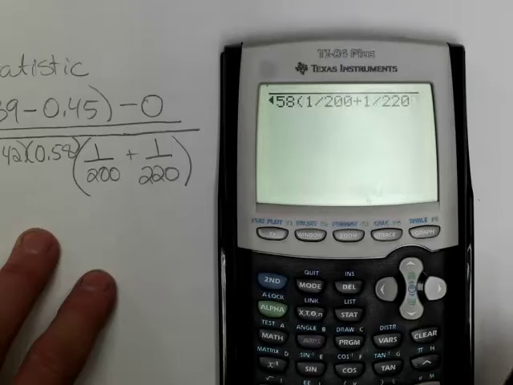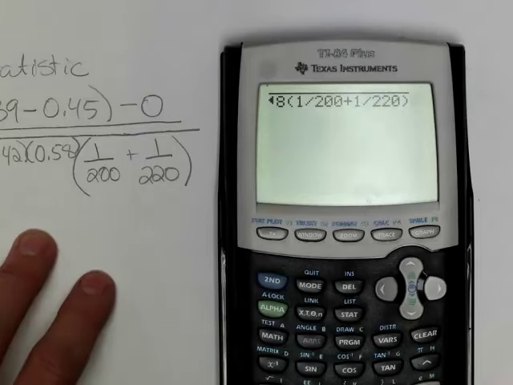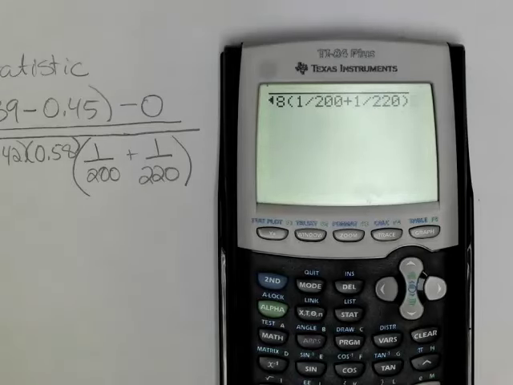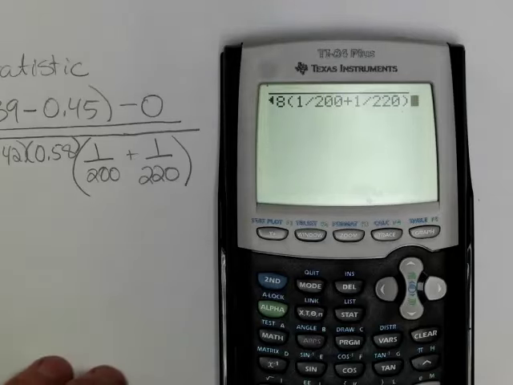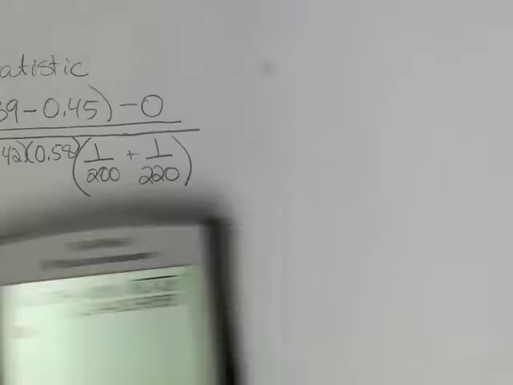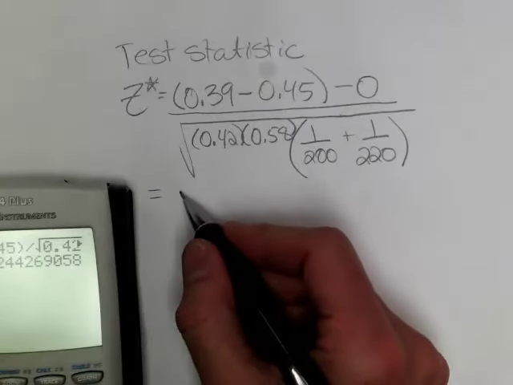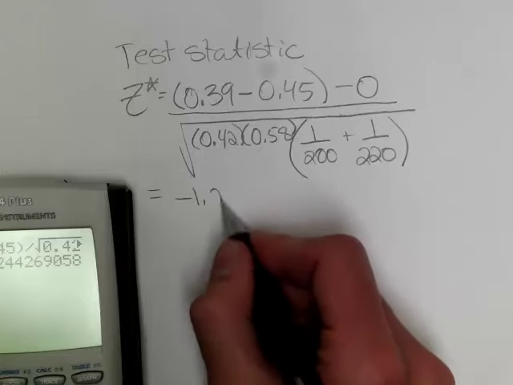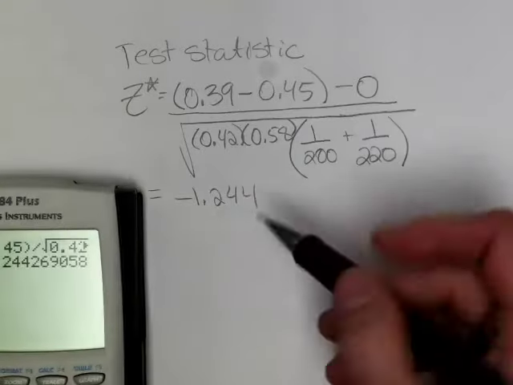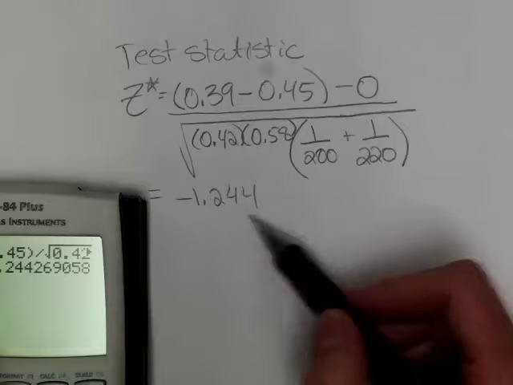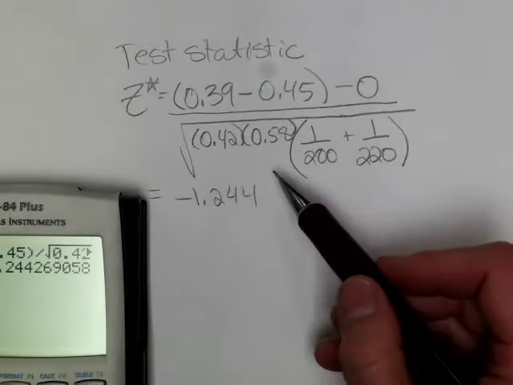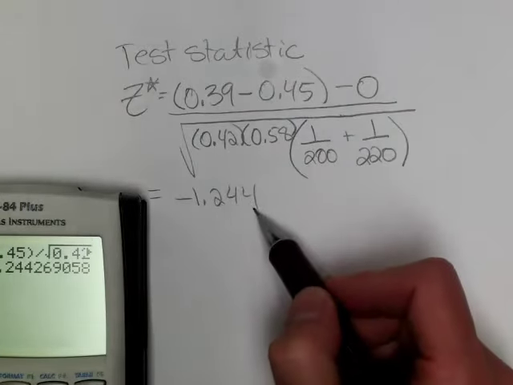And then close that parentheses and then right arrow out. Hopefully this will be the correct standardized test statistic. We'll verify that when we use the two-proportion z-test. So I get a test statistic of approximately 1.244.